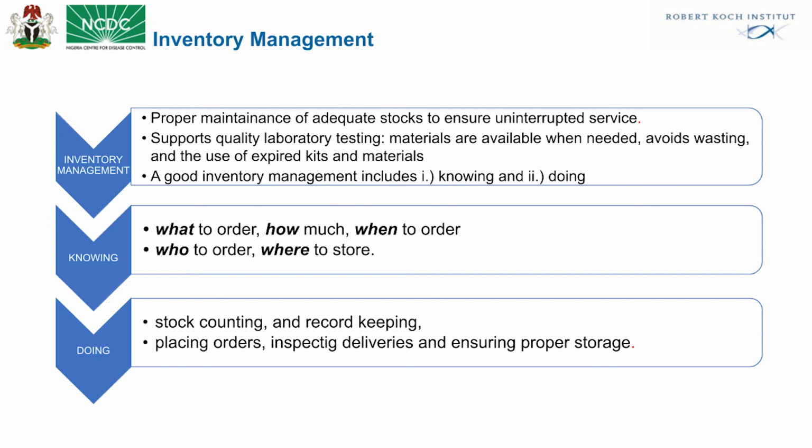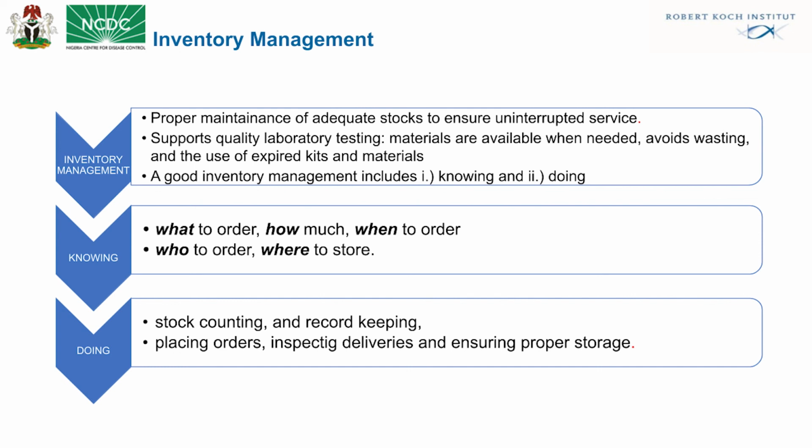What do we need to know? That is, what to order. How much do we need to order? And when are we supposed to order? What to order? Where to store? You should have a very special store to be able to store whatever we might have ordered.